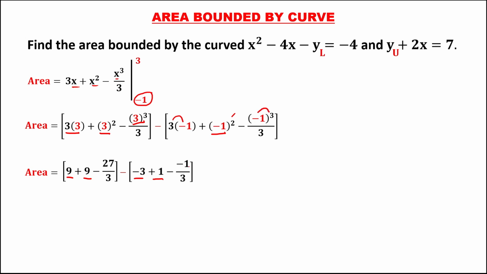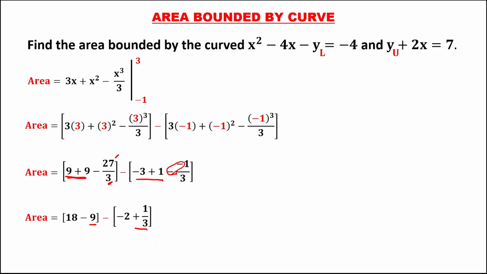And -1 to the power 3 is -1. Then to simplify, 9 plus 9 is 18, and 27 divided by 3 is 9. Then minus, this -3 plus 1 is -2. And negative times negative gives positive.